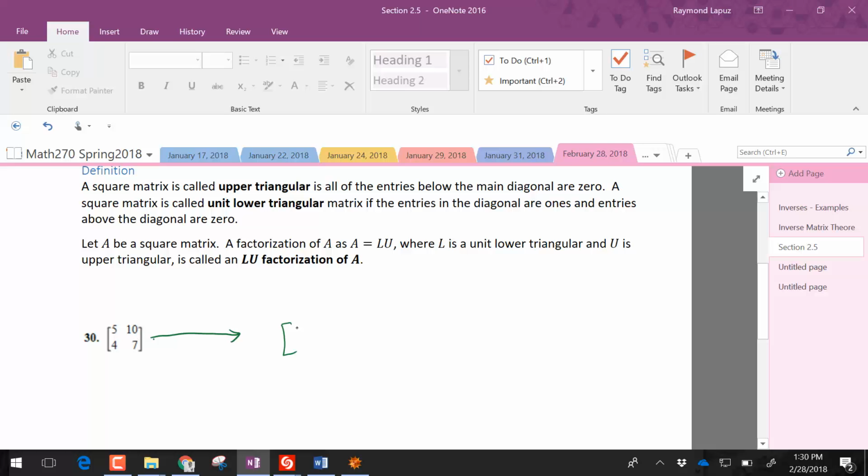I don't want to change the 5. Let's leave the 5 alone. What do we need to do to make this bottom one a 0? Times 4 divided by 5. Negative 4/5 R1 plus R2. So that would be 0, and this would be whatever it is. 10, 4, negative 4 plus 7, positive 3. Is that right?